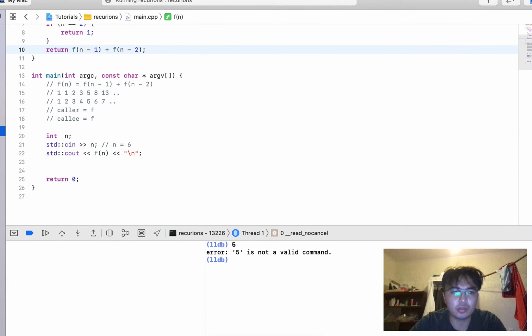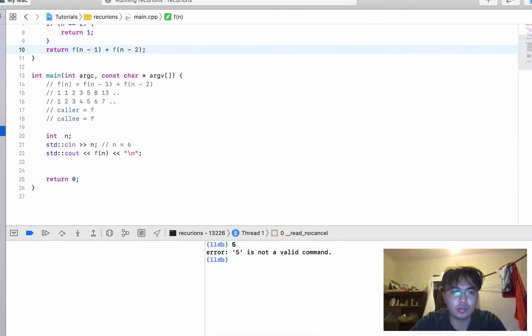It's actually very simple too. We can guess that recursions are a bit complicated in terms of understanding how they are going to call.